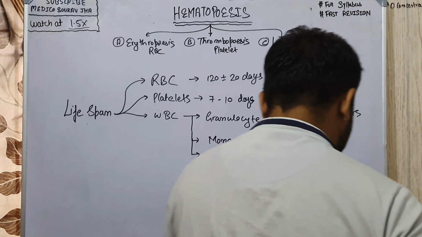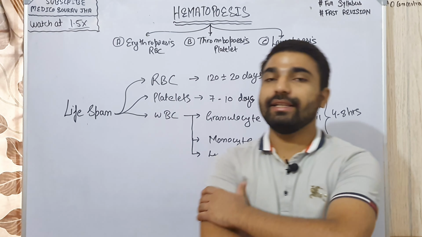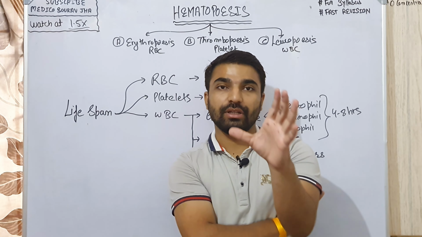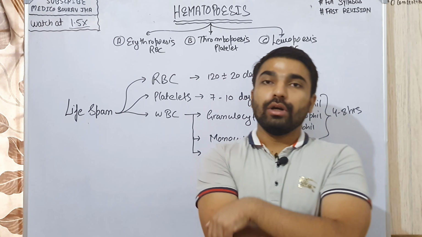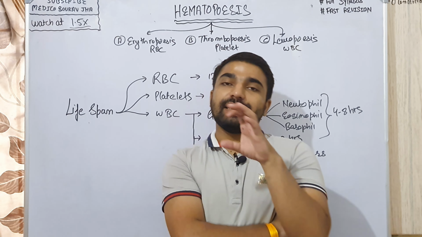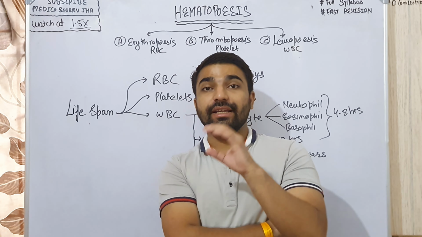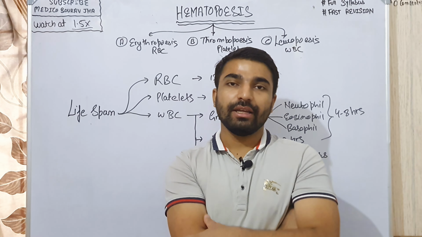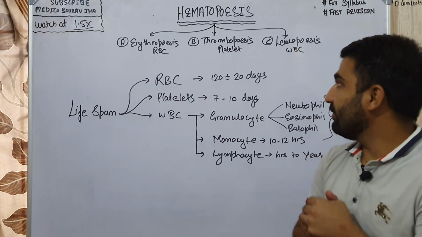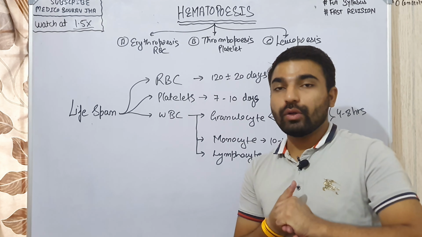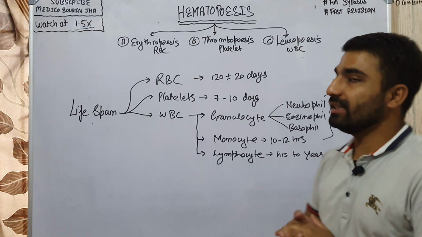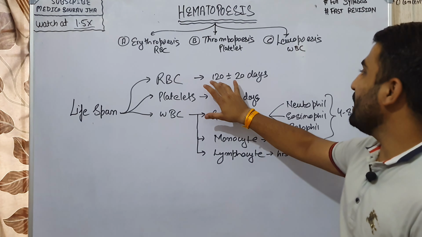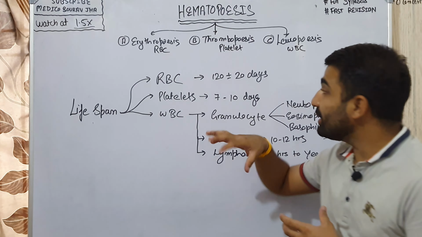At last we will discuss a major important point, that is the lifespan of the cell. How many days a cell lives depends upon its work. What kind of work it is performing is very important when we are looking at the lifespan of the cells. So RBC lives around 120 plus or minus 20 days.